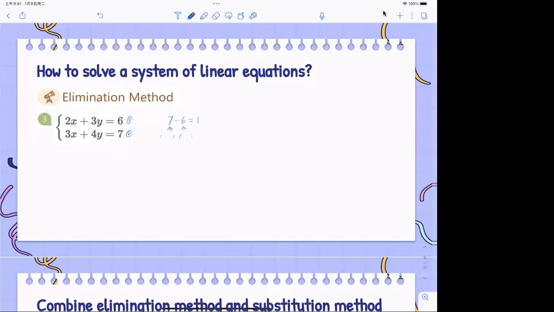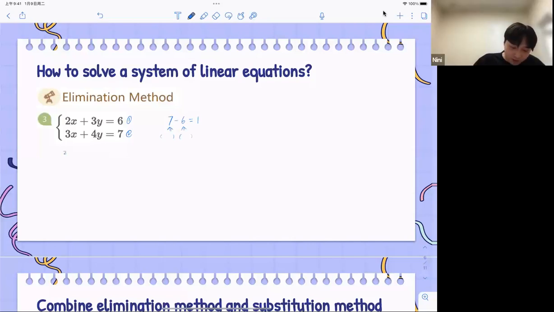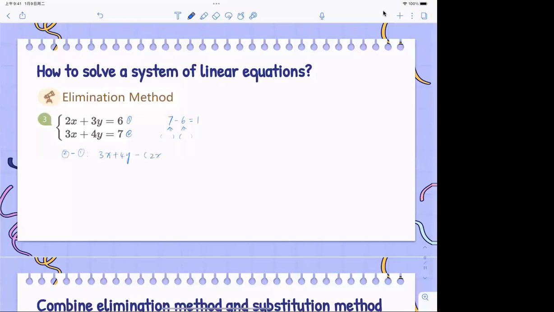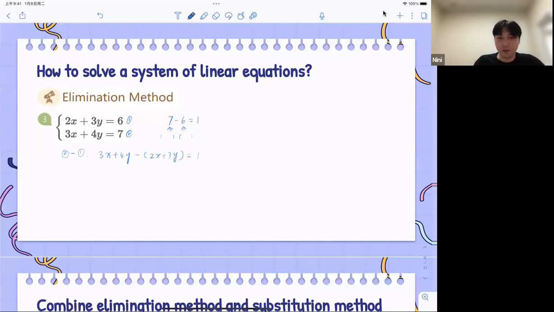So we can actually directly eliminate them. What we can do is write it down as equation number 2 minus equation number 1. So what we can get from here is 3x plus 4y minus 2x plus 3y, and that is 1. Okay, so if we are doing it this way, we are going to simplify the polynomials.